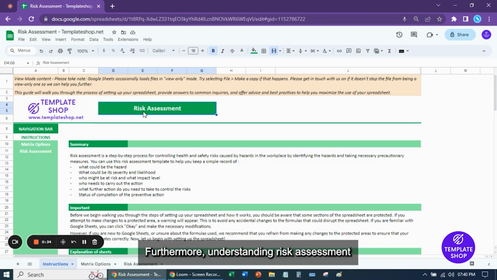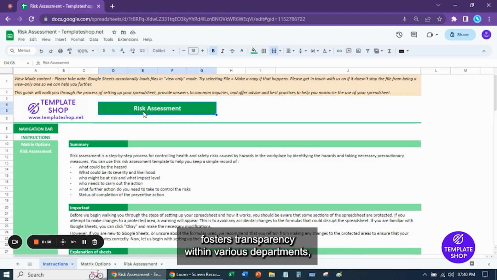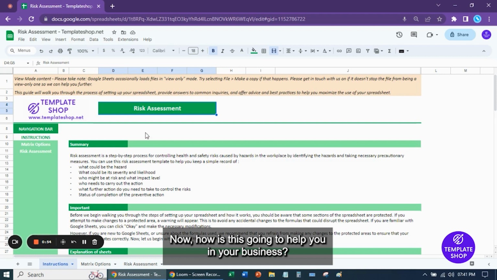Furthermore, understanding risk assessment fosters transparency within various departments as well as accountability, enhancing stakeholder confidence in the organization's ability to navigate uncertainties. Now, how is this going to help you in your business?